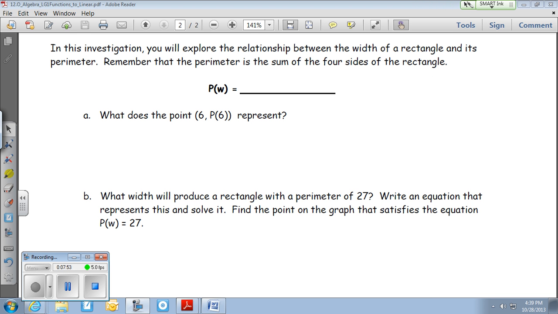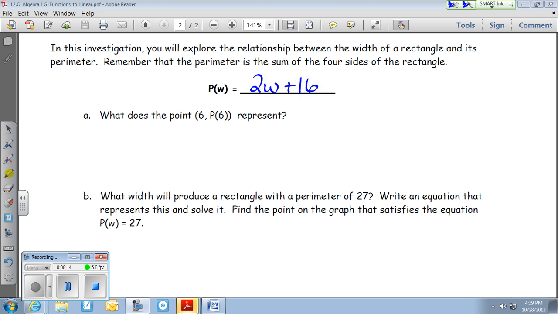All right, so in this investigation, you're exploring the relationship between the width of a rectangle and its perimeter. Remember that the perimeter is the sum of the 4 sides of the rectangle, and for this particular problem, we had an equation of twice the width plus 16 equal to the perimeter given a certain width.